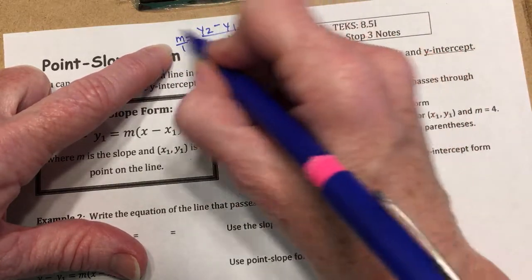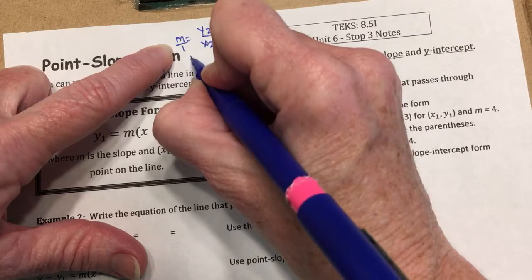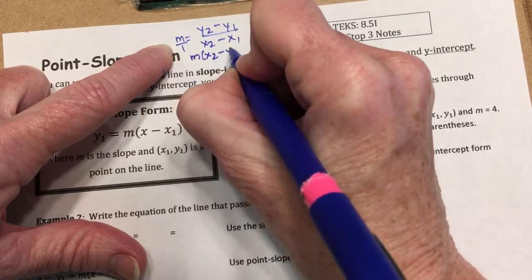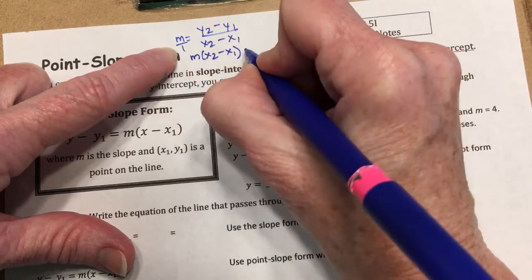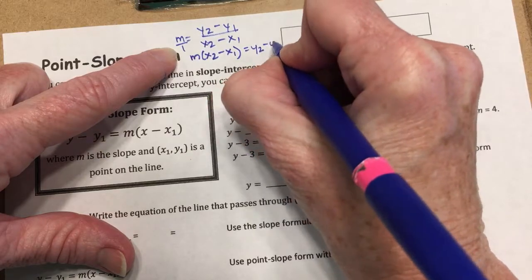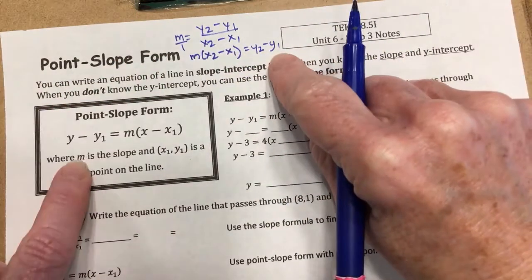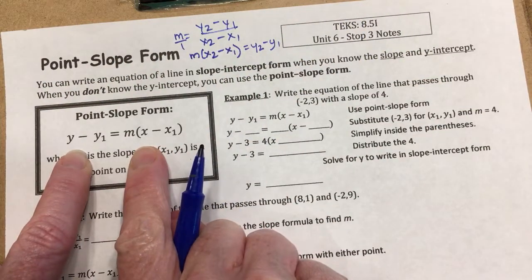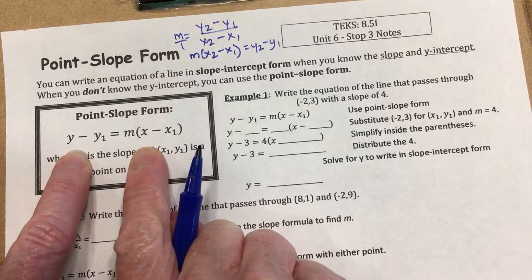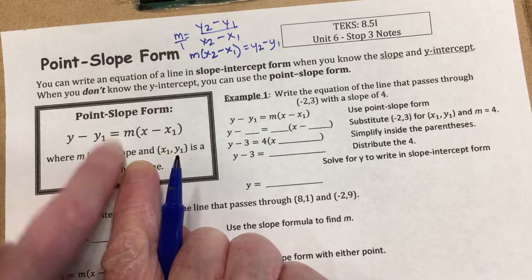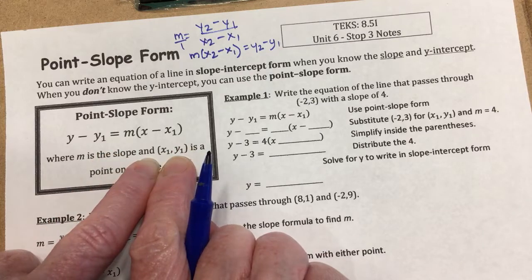It's kind of like doing that butterfly thing. So m times (x2 minus x1) is the same thing as 1 times (y2 minus y1). If we rearrange this formula, what we've gotten is point-slope form. So that's kind of where it comes from. And it's useful when you know the slope and just a point on the line. Any point, it doesn't have to be the y-intercept.